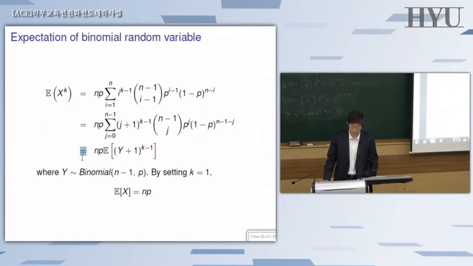What really justifies this last equality? Where does this expectation come from, if this is the PMF of Y, such that Y is another binomial with n minus 1 and p?